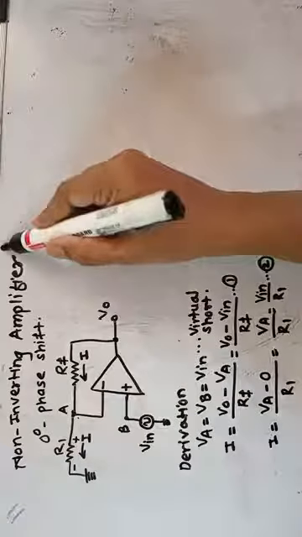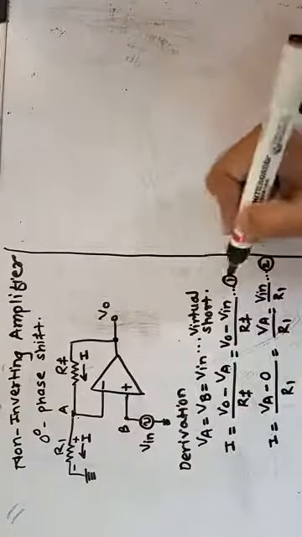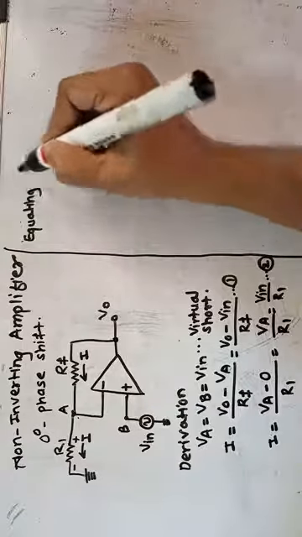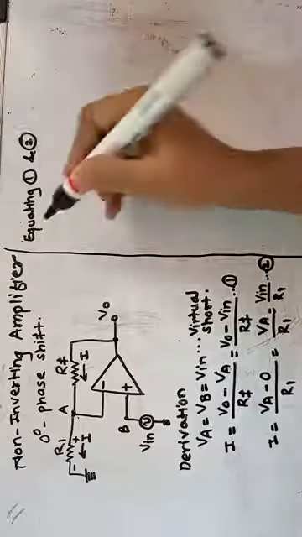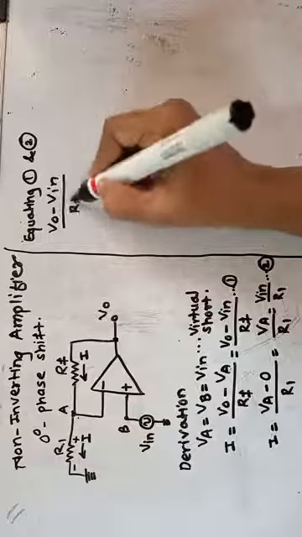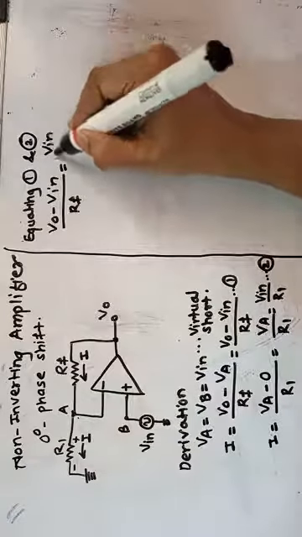Now we can equate equation number 1 and 2. Equating equations 1 and 2, we get V0 minus V in divided by RF is equal to V in upon R1.